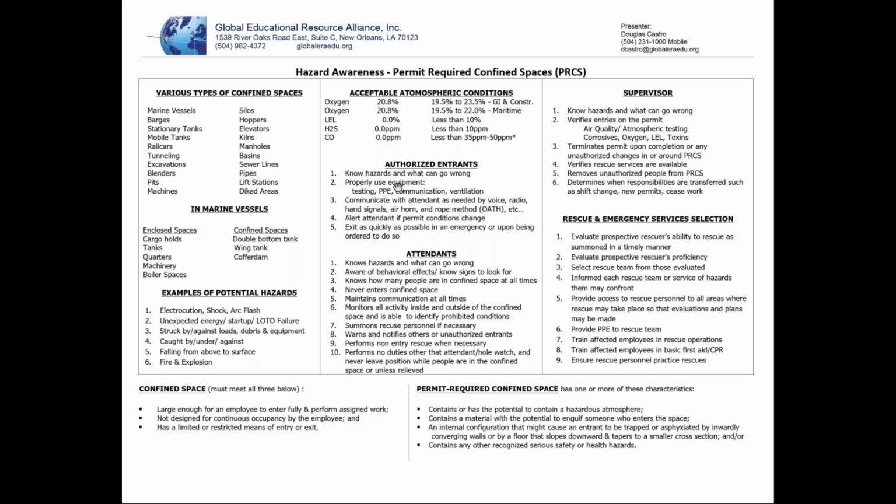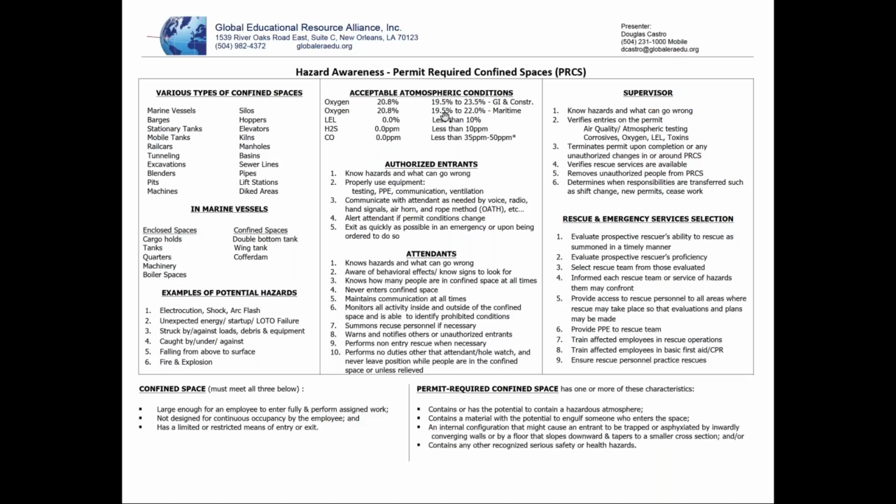And then, of course, our greatest hazard, as you notice here on the permit required confined space, is that it contains a potential for a hazardous atmosphere. This is what we're talking about first of all, your oxygen levels. If you notice, oxygen levels are normally 20.8. Ideal permissible limits, they have to stay within 19.5 and 23.5. If they go under or over, we have to evacuate.